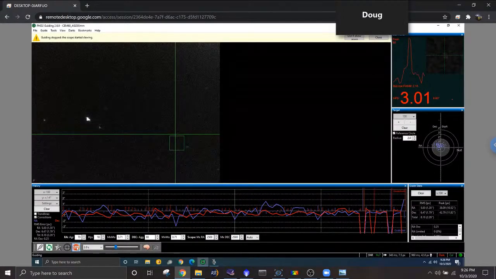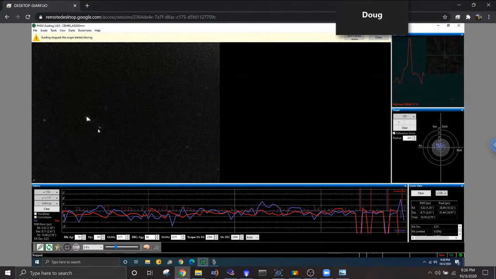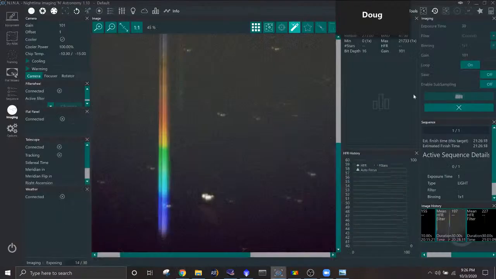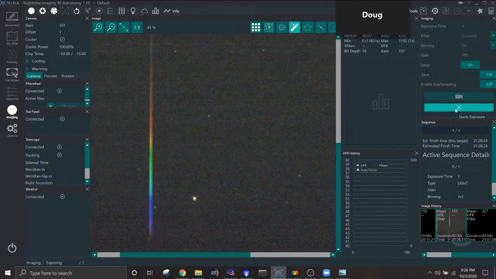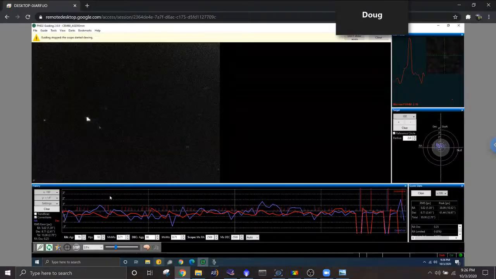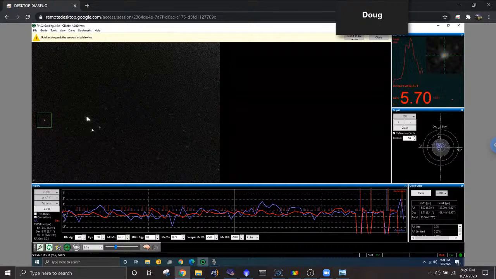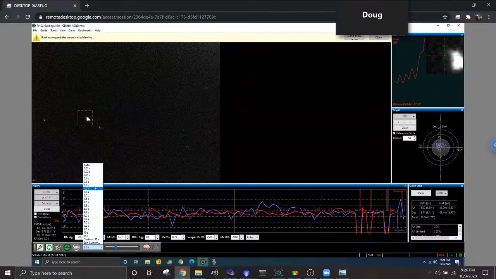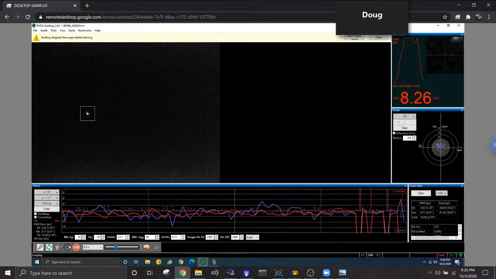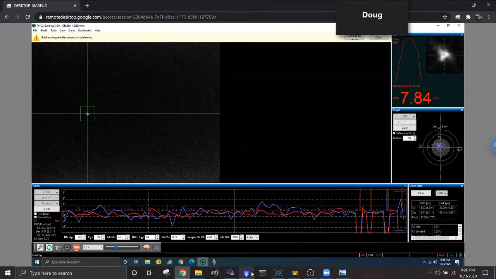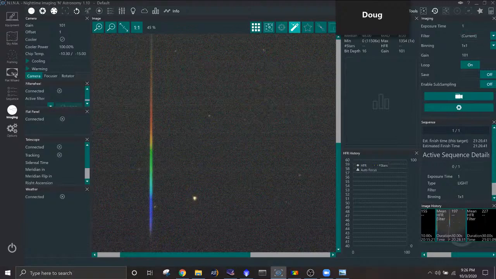What is it doing? Oh, I lost the guide star, that's what happened. Okay, it's still there. The better guide star. Yeah, the tracking is very critical for this kind of setup. Alright, let's try that again.